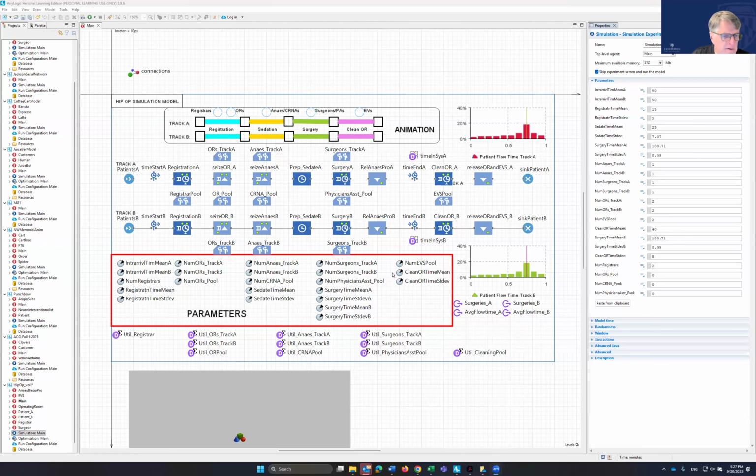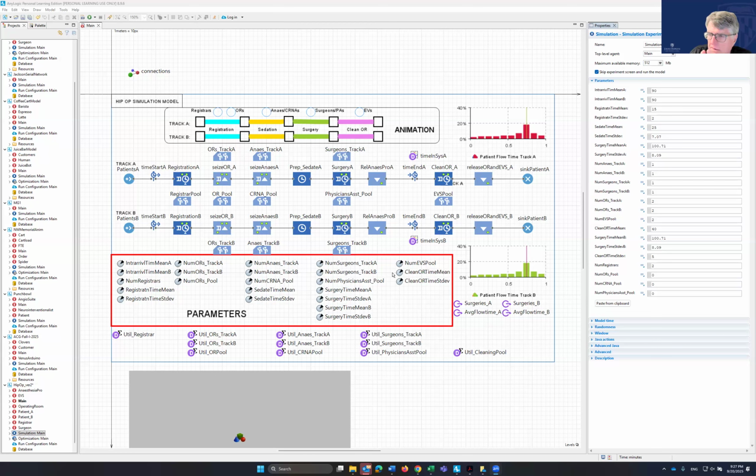Let's consider variance here. So I'm back in the base case, 2 hours dedicated to each track, one anesthesiologist and one surgeon. First thing I want to do is think about partitioning the variance.